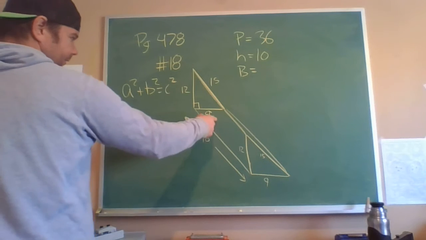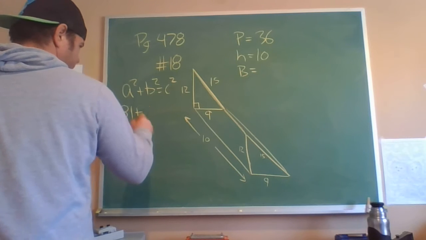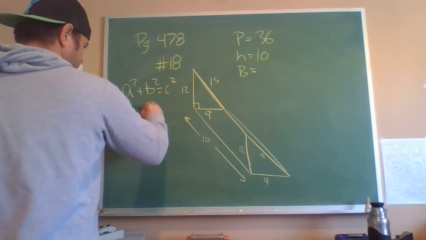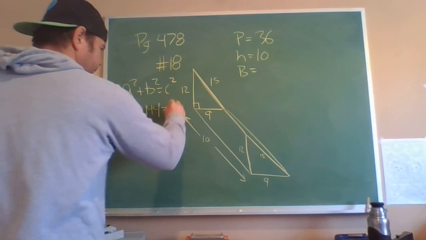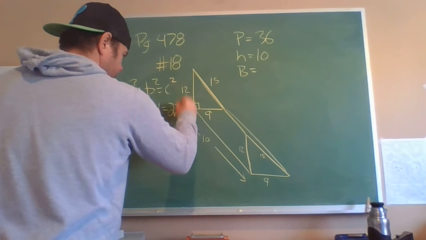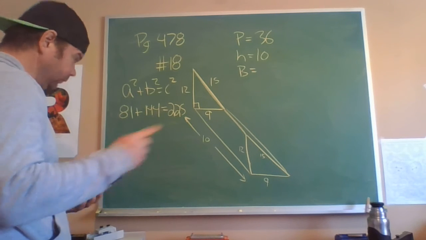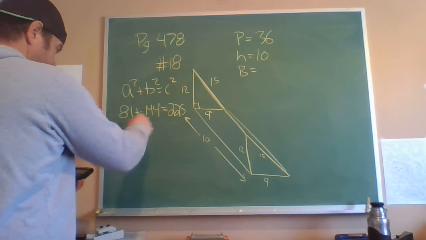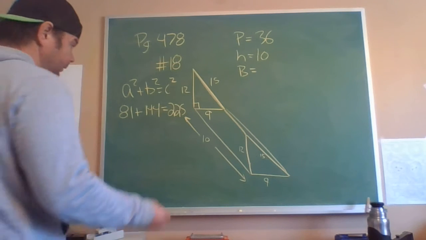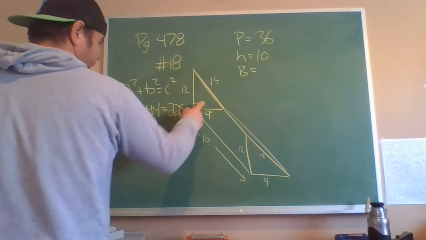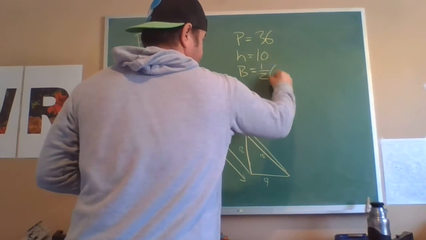So I'm going to test it by plugging in 9 squared, which is 81, plus 12 squared, which is 144, and seeing if that equals 15 squared, which I think is 225. Let's see, 15 times 15 is 225. 81 plus 144 is 225. Awesome.